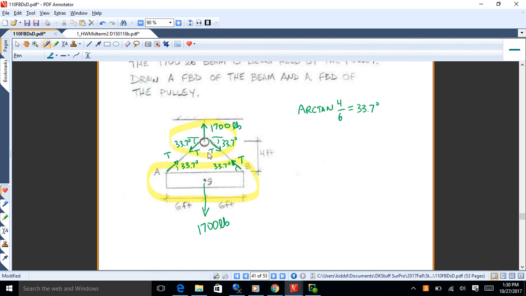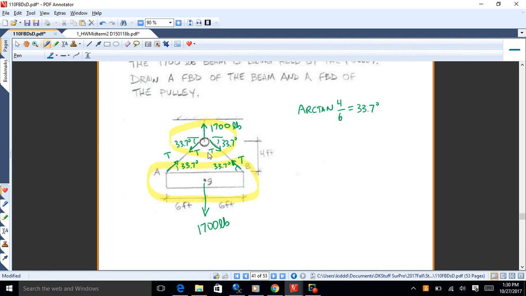So I did a little bit of trig there, got the angle, 4 by 6, arctan, 33.7 degrees. So on the pulley, those tensions are pulling down. On the beam, they're pulling up. So they act different ways depending on which object you're looking at. The 1,700-pound weight down on the beam is going to equal the force up on that cable above the pulley.